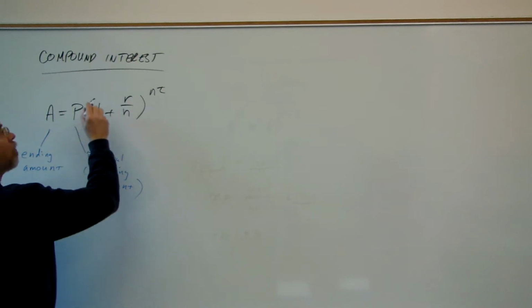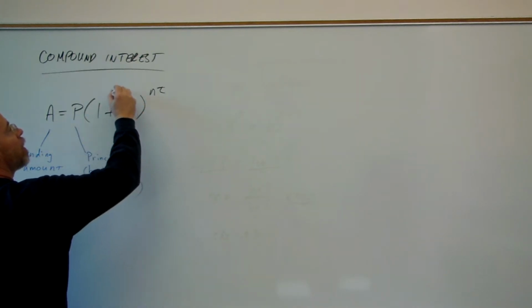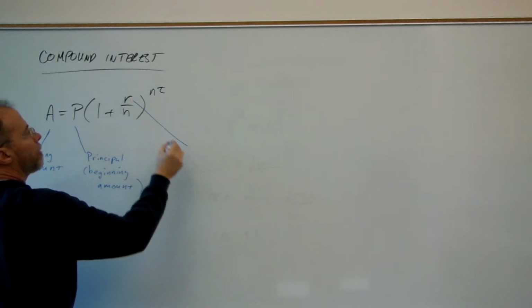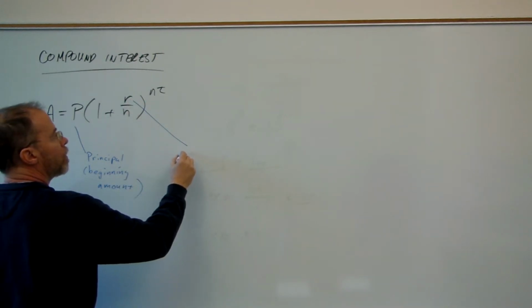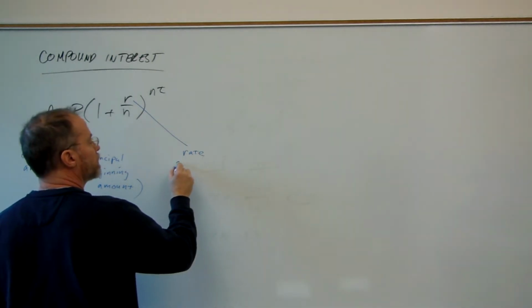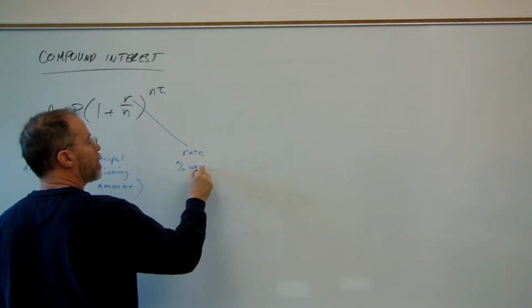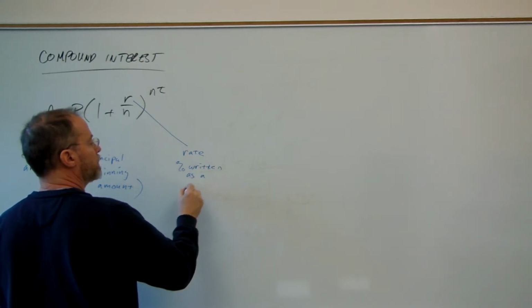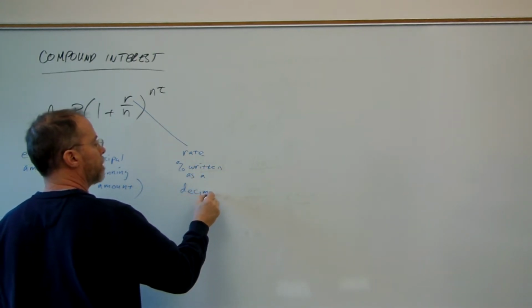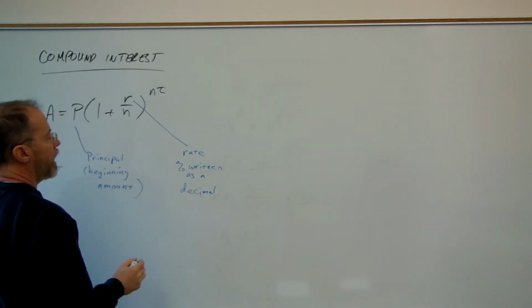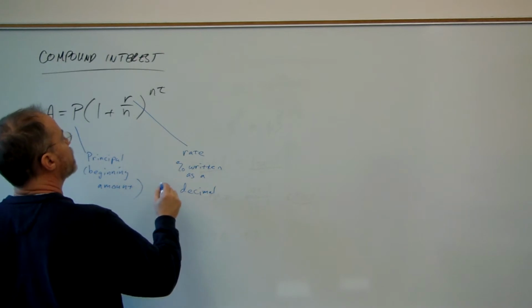And then in here, r is the percent rate, and this is a percent written as a decimal. So 5% would be 0.05. And then we've got n that shows up in two different places.